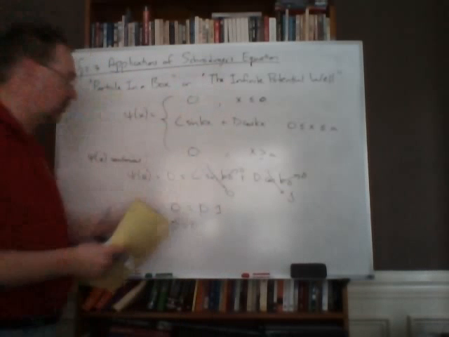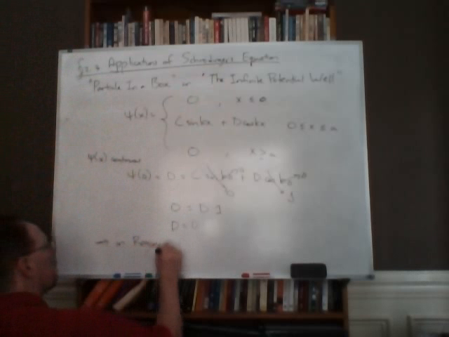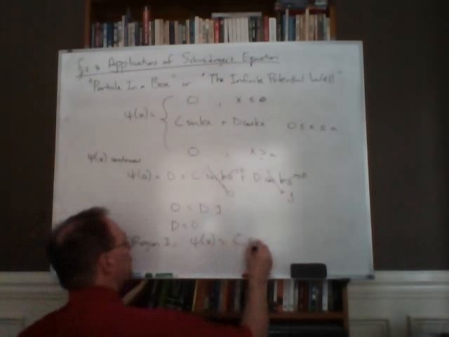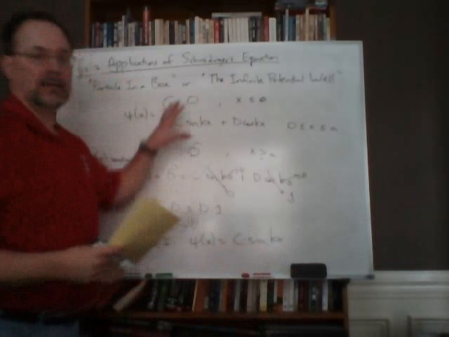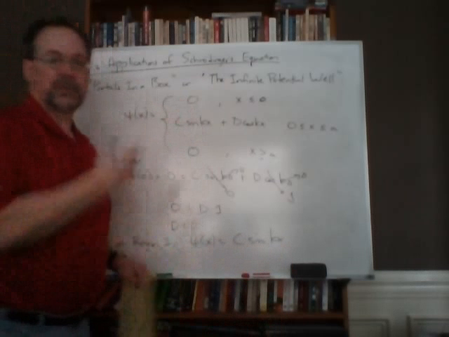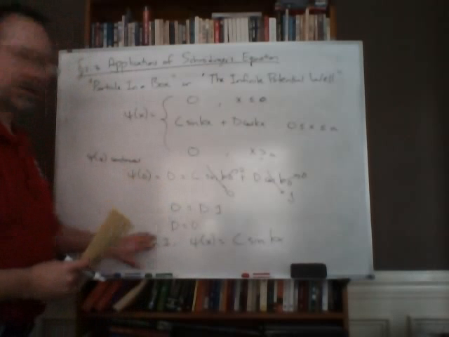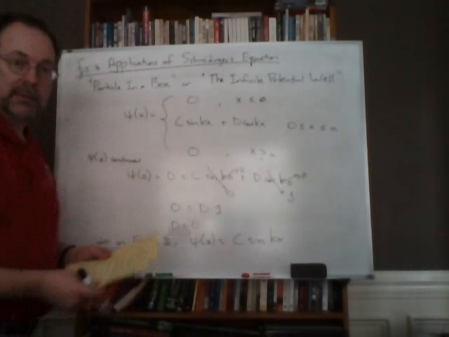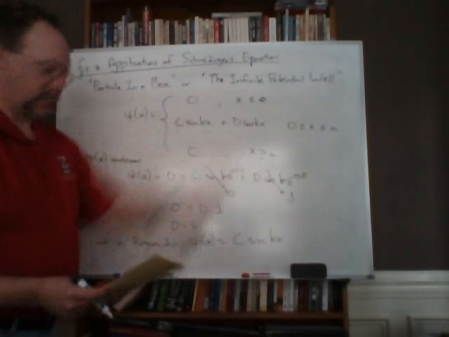Okay, so we know something more: in region 2, psi of x is equal to C sine kx. And again, k is square root of 2mE over h bar, like we've said, our wave number. All right, so we've made that progress. Now, let's apply the boundary condition that psi be continuous at x equals a.